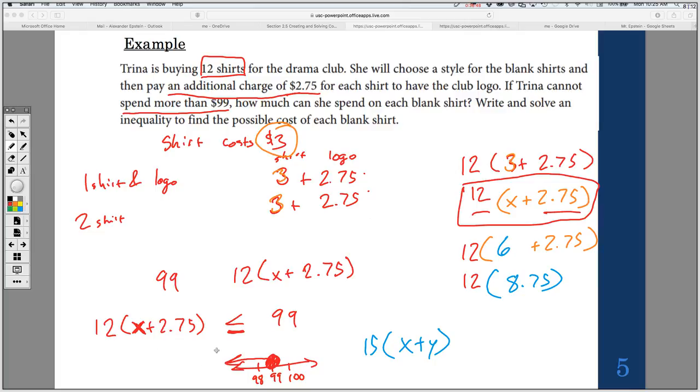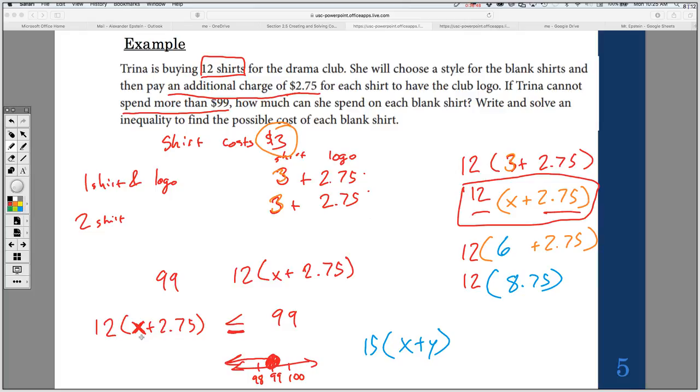Now, if you're wondering about the inequalities, all the rules apply for inequalities. We haven't really talked about this. I can do the same exact rules as an equal sign, except when I divide or multiply by a negative, I have to flip the sign. So if I have 3x less than or equal to 9, and I divide by 3, the answer will be 3.